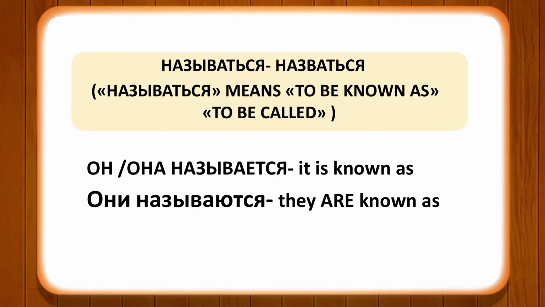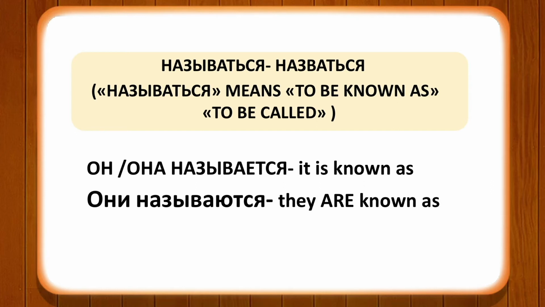Now we will conjugate new verbs of this text. The first verb is nazyvatsya, and the perfective aspect of this verb is nazvatsya. Verb nazyvatsya means to be known as or to be called, and it is conjugated like the verb zanimatsya. This verb is used to name inanimate beings.